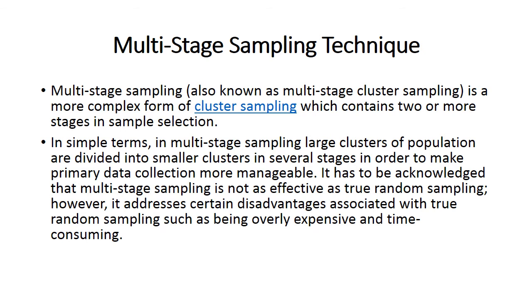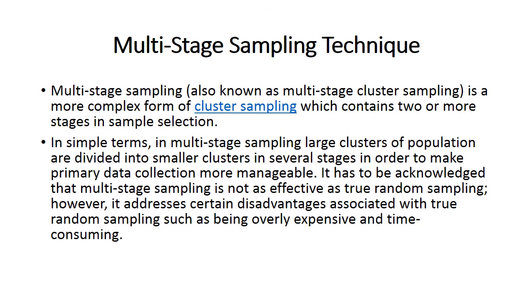Then, during the second stage, he may decide 50 districts from these 27 states may be selected. Finally, 4 households from each district may be randomly selected. Thus, the researcher will obtain the required 200 urban households in 2 stages.